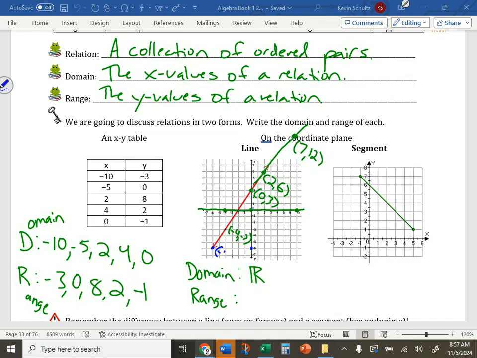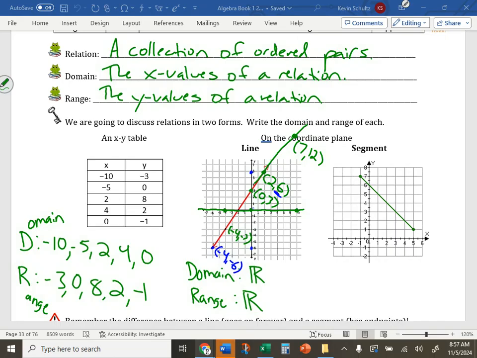Here's the ordered pair -4, -6. -6 is represented. Okay? How about, well, here's +6, right? Here's where +6 is represented in an ordered pair. So just like the domain, because a line goes on forever, the range is going to be all reals as well. Every y value will at some point be a part of an ordered pair that's on the line.